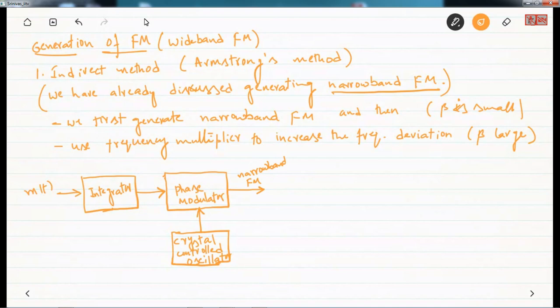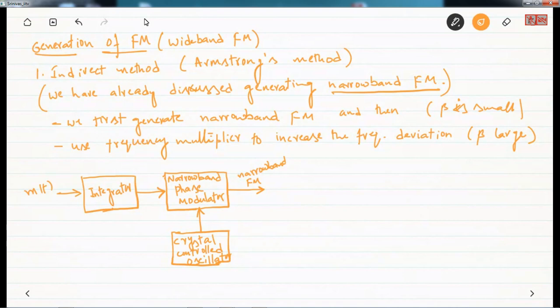To get narrowband FM, this phase modulator is a narrowband phase modulator. What do I mean by narrowband phase modulation? In phase modulation, the carrier phase is fixed without modulation. So when there is no modulation, the phase of the carrier is fixed at some value.